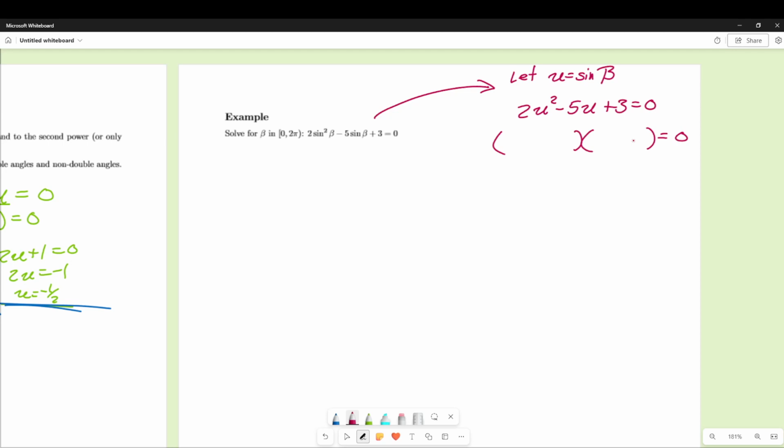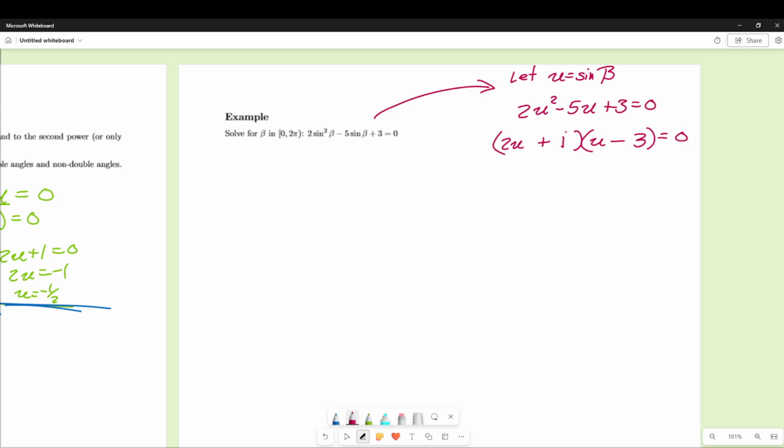Quadratic formula would generate two answers. If those answers are real, then set sine equal to both of those answers, and proceed with the problem. But ideally, it's factorable. Let's see. We'd have 2u and u, and then I would need a 6, so it's got to be a 3 and a 1. That would be a -6 and a +1.